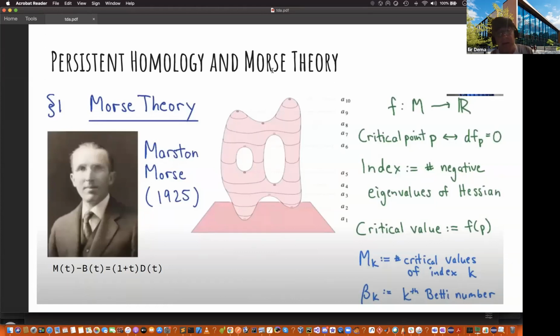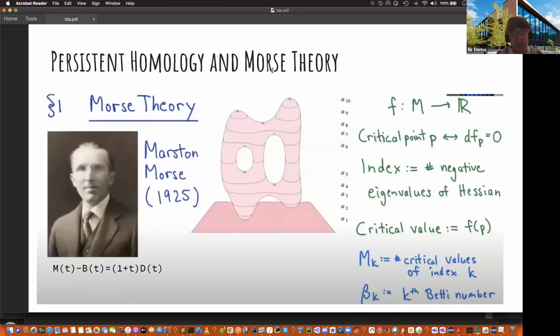Now, homologically speaking, if we compute the homology of this surface, this surface has one connected component.